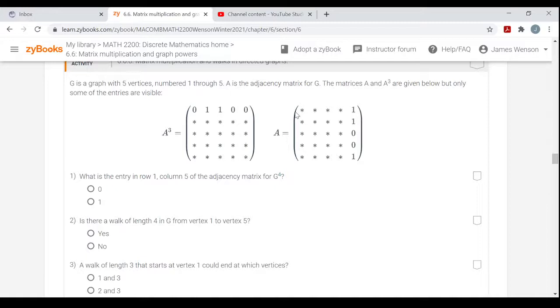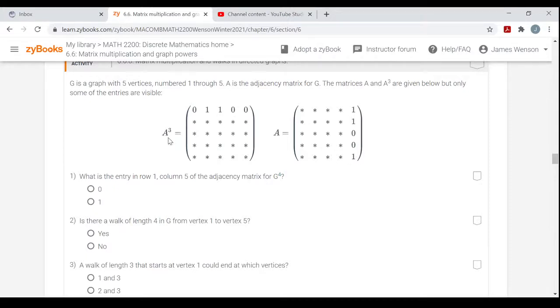You see row 1, column 5 is a 1, so vertex 1 has an arrow going to vertex 5. Vertex 2 also has an arrow going to vertex 5. Vertex 3 does not. Vertex 4 does not. And 5 has an arrow going to 5, so there's a self loop from 5 to 5 in the graph of G.